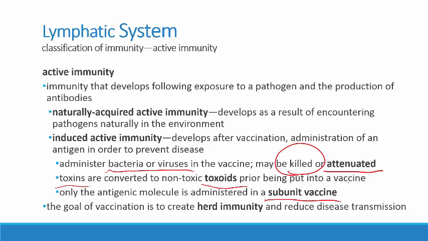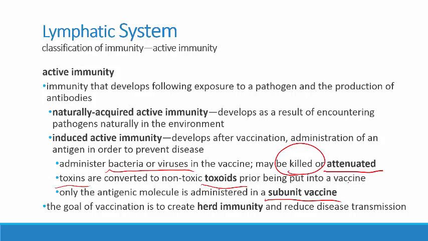So the goal of vaccination is to create herd immunity and reduce the transmission of disease. So what do we mean by herd immunity? That means that almost everybody in the population of interacting organisms has earned some kind of active immunity against whatever the material is that's being studied.